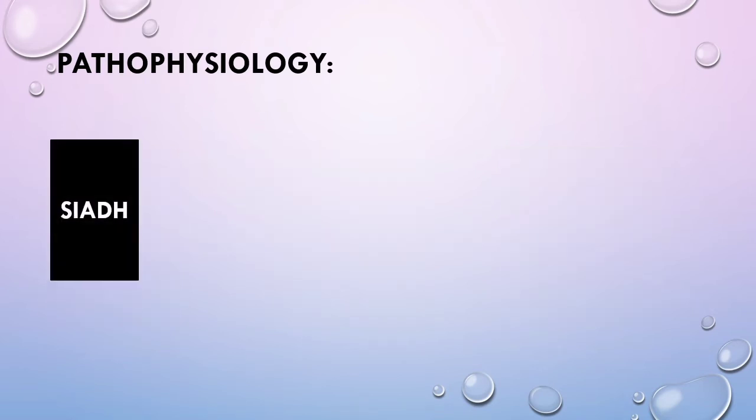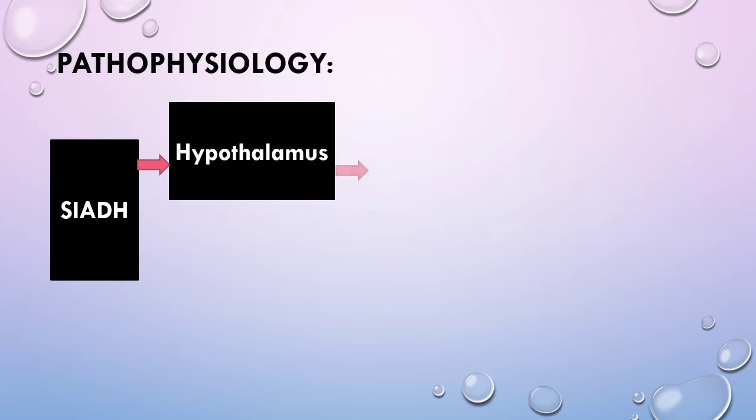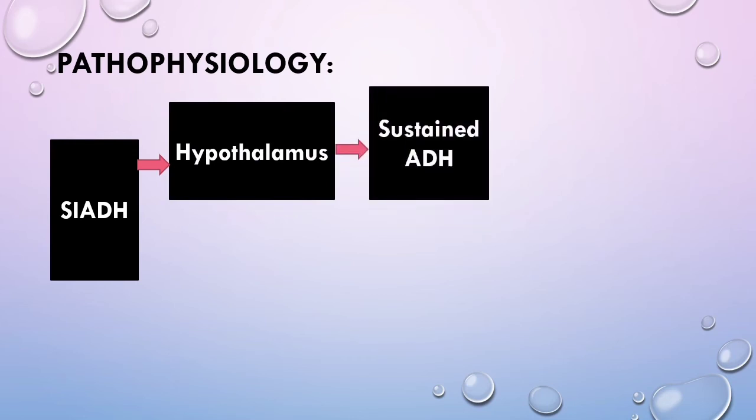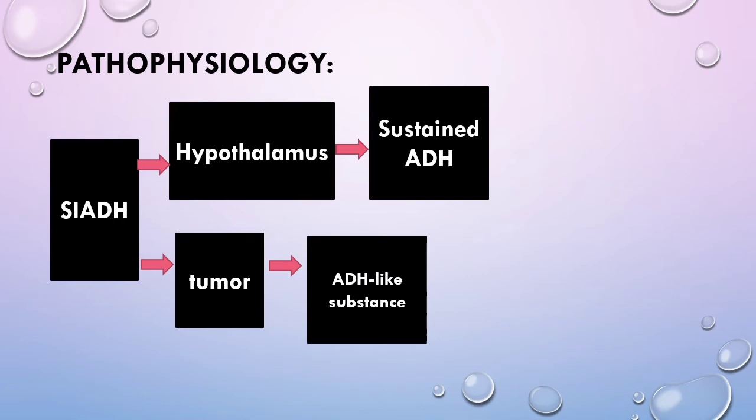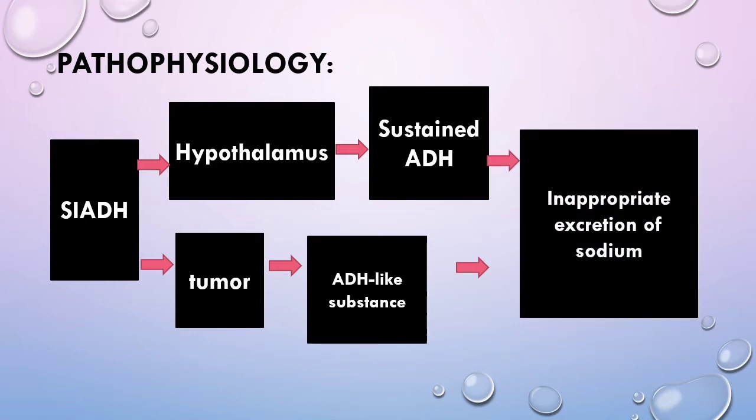It can also be caused by the syndrome of inappropriate antidiuretic hormone, wherein the hypothalamus produces sustained ADH, or a tumor produces ADH-like substances, which results in inappropriate excretion of sodium.